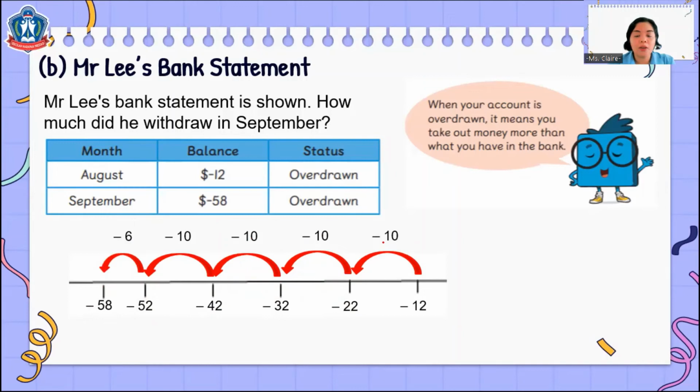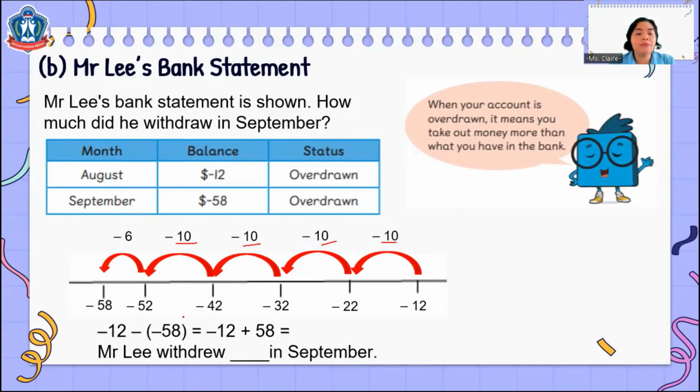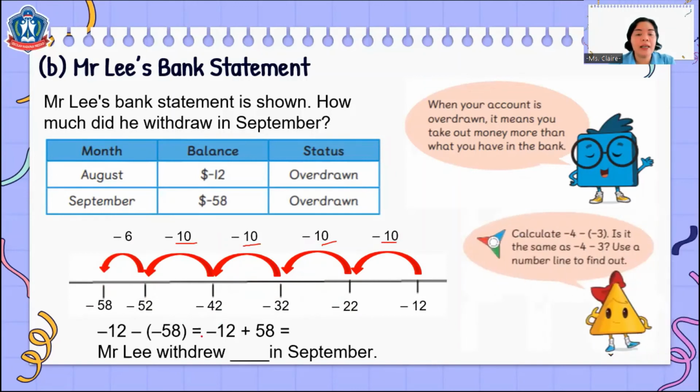If we add all together 10, 20, 30, 40, and 6, it means Mr. Lee withdrew $46 in September. Even though he has a negative balance in August, he keeps on withdrawing. So that's why the balance in September becomes negative 58.